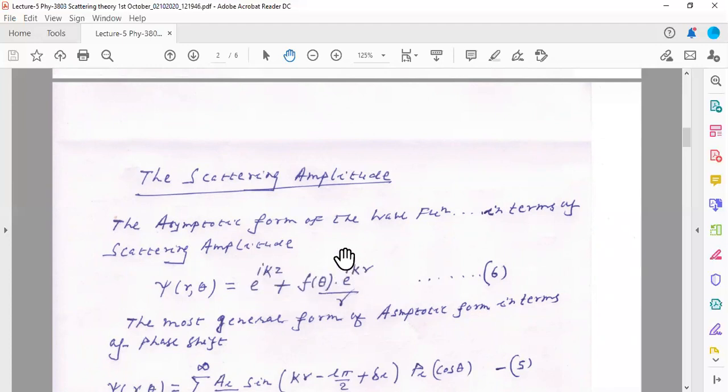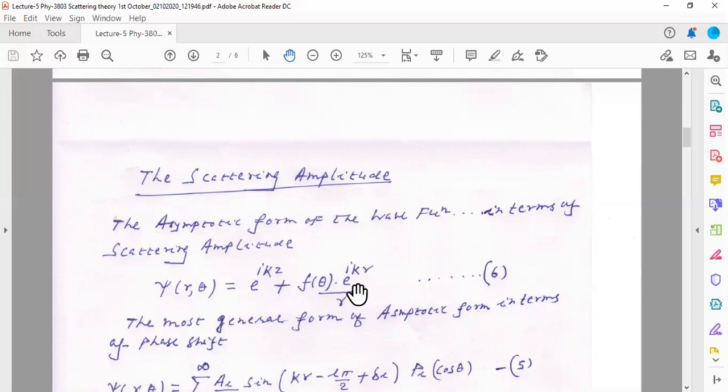And this is a scattered particle, because when the particle is scattered, you have a spherical wave which is moving radially outward. So this is basically the scattered wave. This is the incident wave, and you have the most asymptotic form of the wave function which we have already developed in terms of a scattering amplitude f of theta.